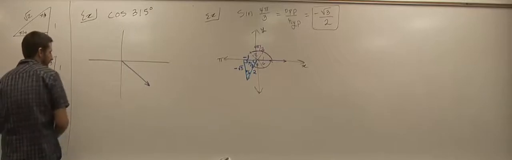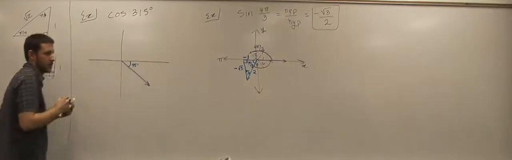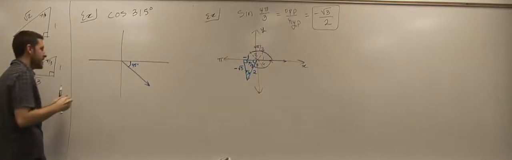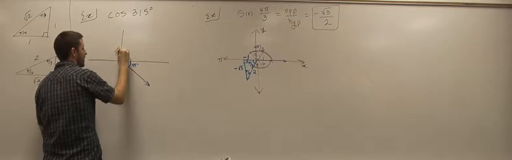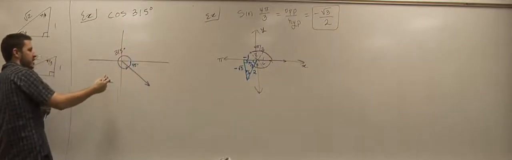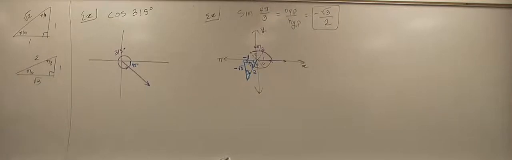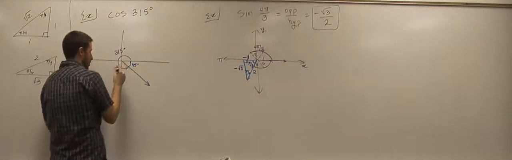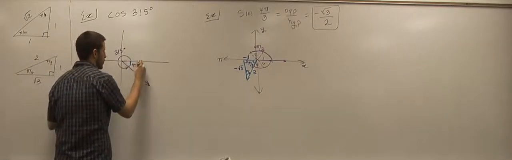So I know my reference angle here is 45 degrees. The angle that I actually graphed here is 315, but as far as all of my calculations are concerned, I care about the reference. So I draw my triangle with the x-axis always.